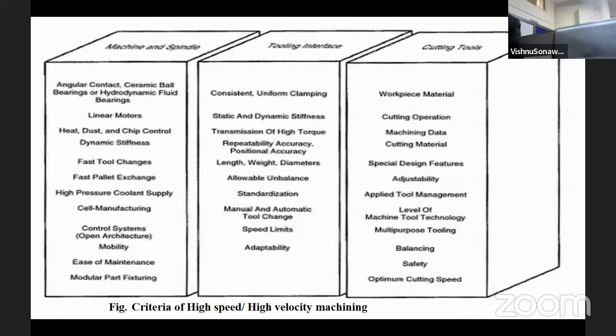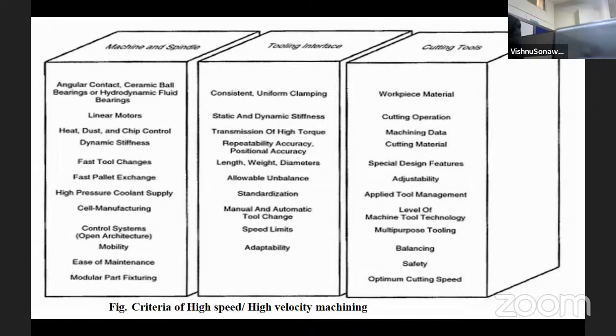Here we have to consider linear motors, linear actuators and rotary actuators. The linear actuator shifts the tool from one place to another, in the longitudinal and cross movements. Feeding is required, and to remove the heat, dust and chips, we need chip control, and dynamic stiffness is required.